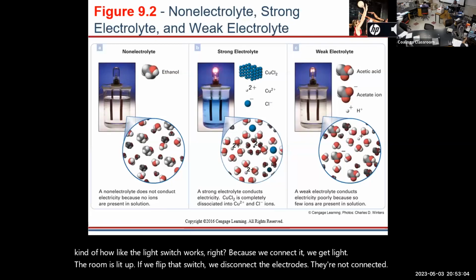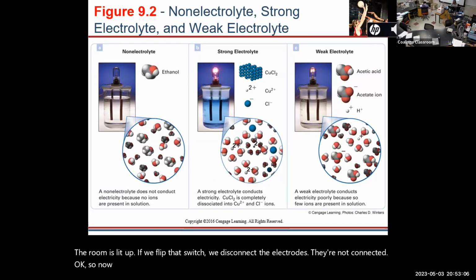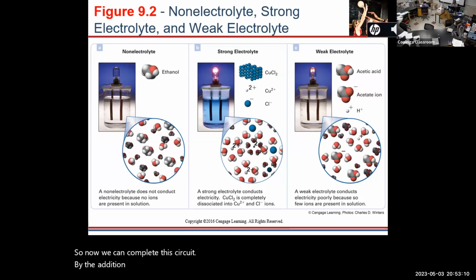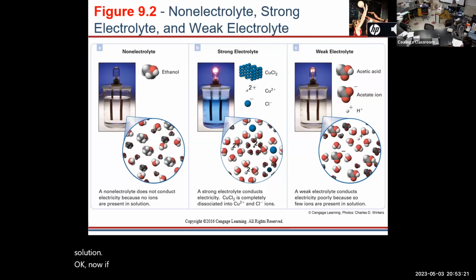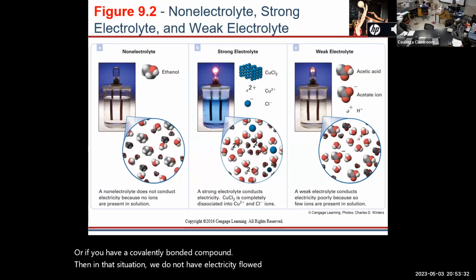Okay, so now we can complete this circuit by the addition of electrolytes, things that are ionic, because the ions will allow electrons to flow through the solution. Now if the solution has no electrolytes, or if you have a covalently bonded compound, then we do not have electricity flowing through because you don't have ions for it.